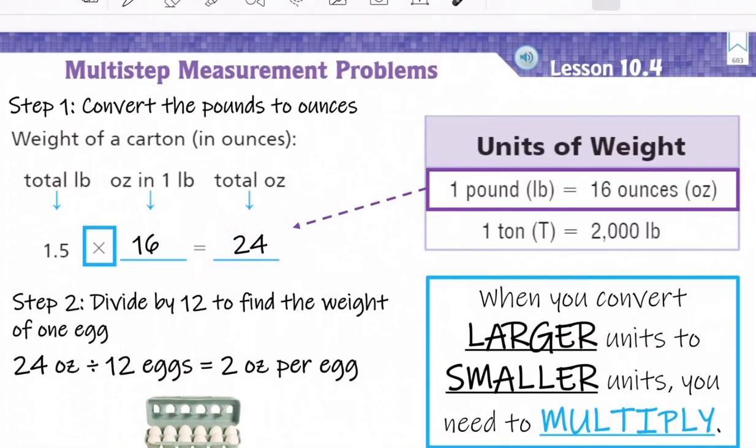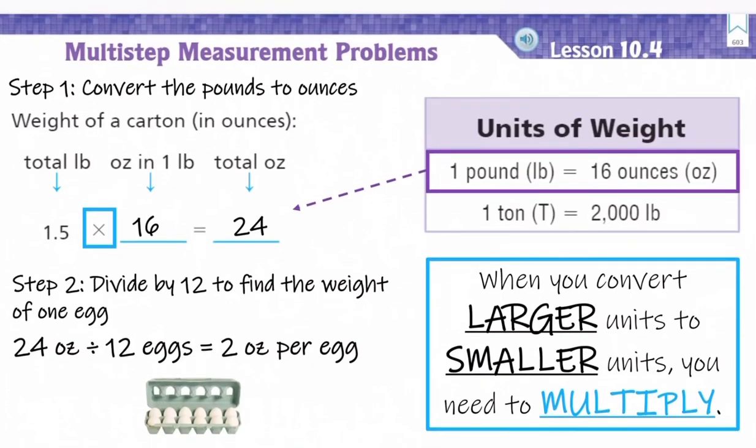Now, we're going to take those 24 ounces for step 2. We're going to divide it by 12 to find out the weight of one egg. 24 divided by 12 eggs, and then we get 2 ounces per egg. I hope you guys understand that.